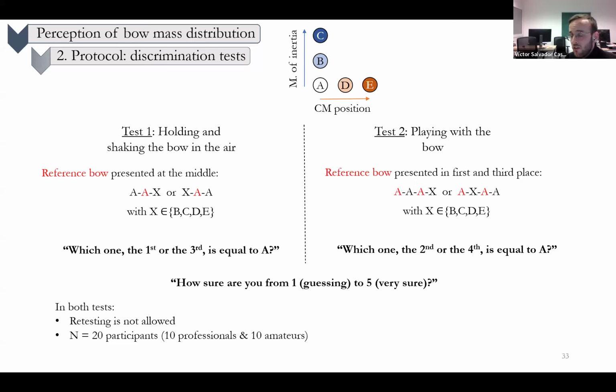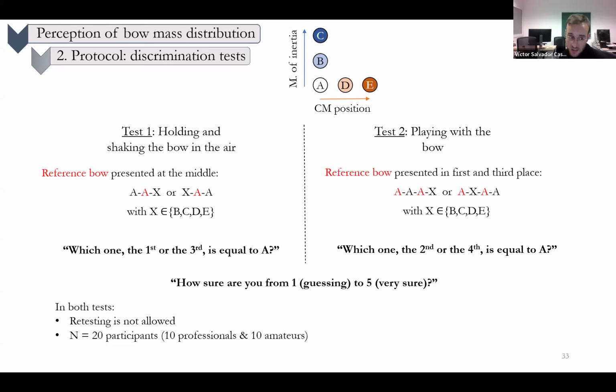The rate of correct answers will be 50%, because you have one possibility out of two of responding correctly. So to inform their responses further, we asked them to give a sureness level: how sure are you of your response? So that we can use this in the model for calculating the sensitivity of the population of participants.